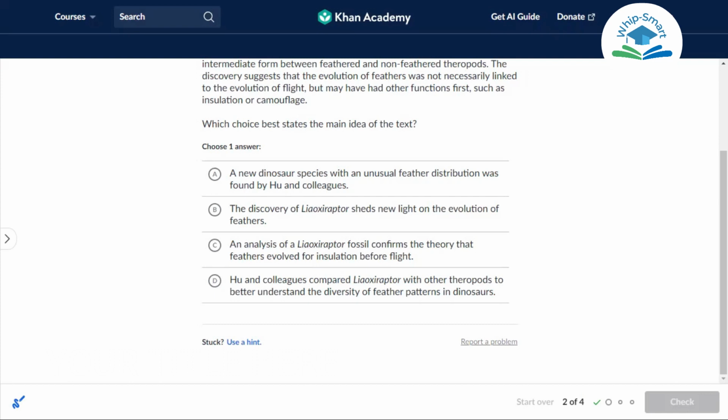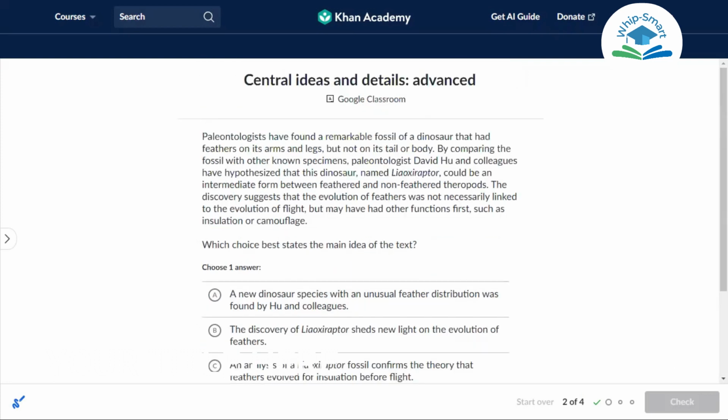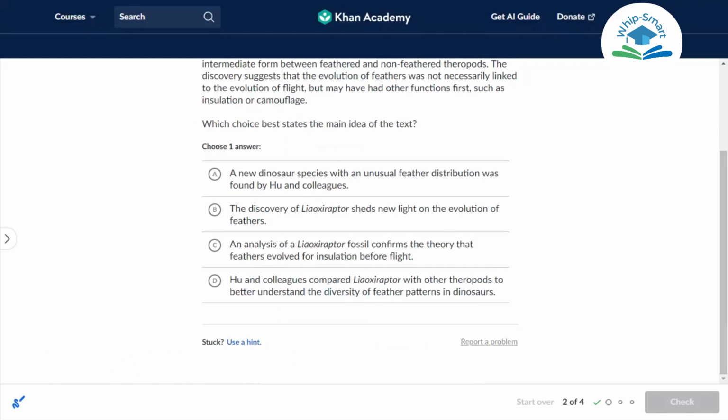Is the text talking about diversity of feather patterns? No, ma'am. Where is this a central idea? The text doesn't mainly talk about feather patterns, right? Perfect. Okay, so anyone between B and C? So what's the answer? B. Perfect.